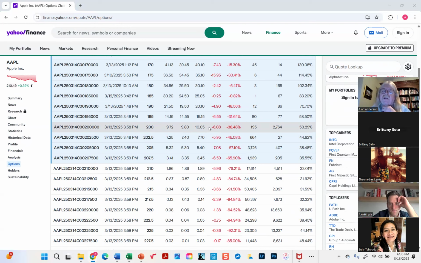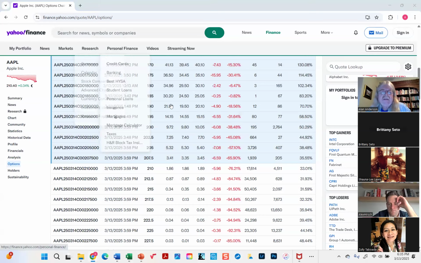That means that if the price of the stock goes up to 220, the value of the option will basically double from 10 to 20. So I've just made 100% with only a 10% increase in the price of the Apple stock. So there's a lot of leverage, or can be a lot of leverage with options. But anyway, where were we?